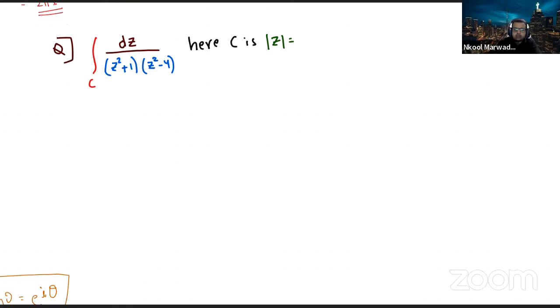Now see, in this question, how to decide which method to use? Definitely this question is not in the form of z minus a in the denominator, so all the previous methods you have discussed will not apply. When we get stuck in such a situation, wherein the denominator is not z minus a but something else, you can straight away go for the residue theorem.